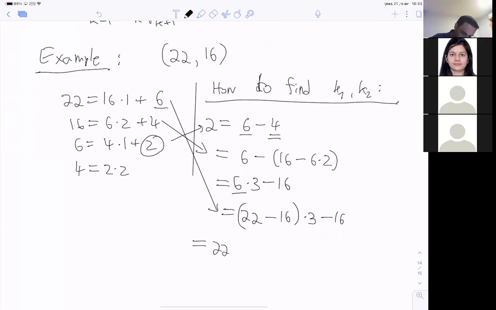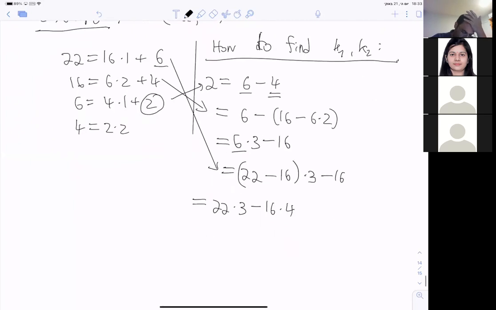So it's going to be 3 times 22 minus how many 16s? 4. This is the combination that gives you 2. Let us see that we didn't do any error. Here we have 66, and here 64. Okay, so this is the combination. We have K1 is 3 and K2 is minus 4.